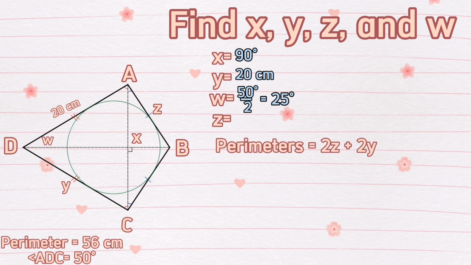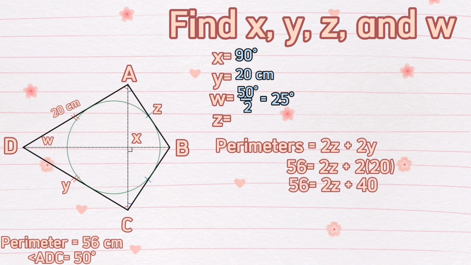Now we have a formula of the perimeter, which is equal to 2z plus 2y. Since we have a given of 20 centimeters, which is AD and CD, so 20 and CD has 20 also, so 40. Now we have 40 centimeters.